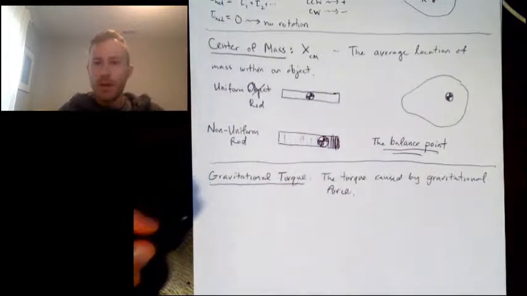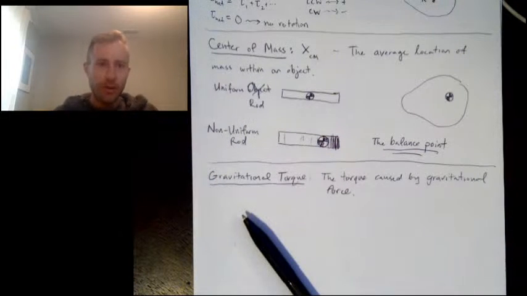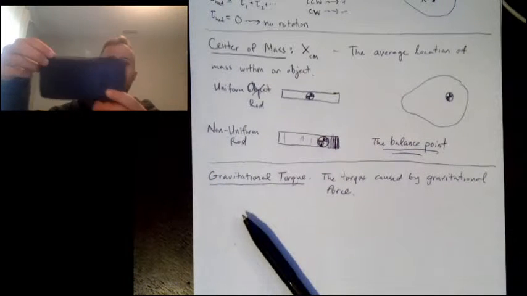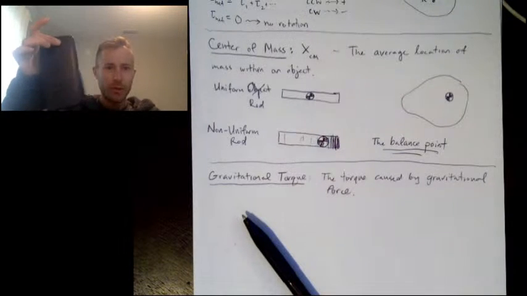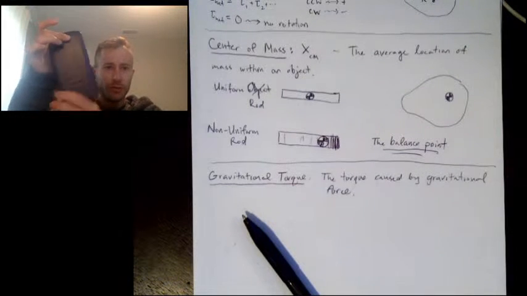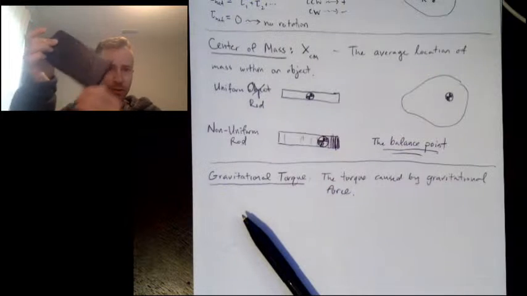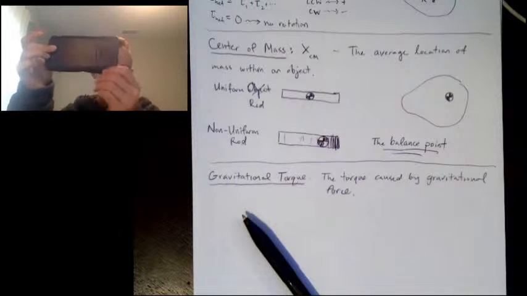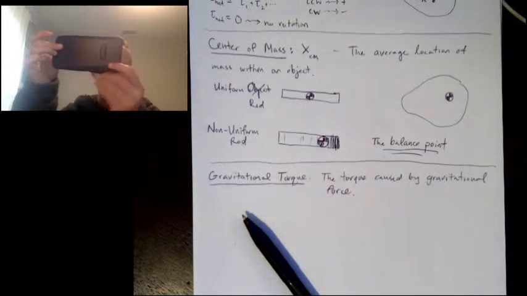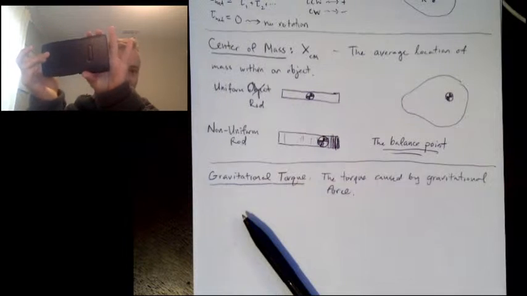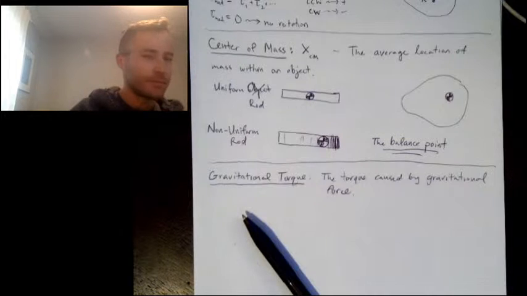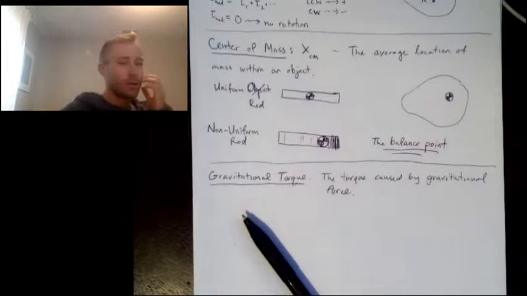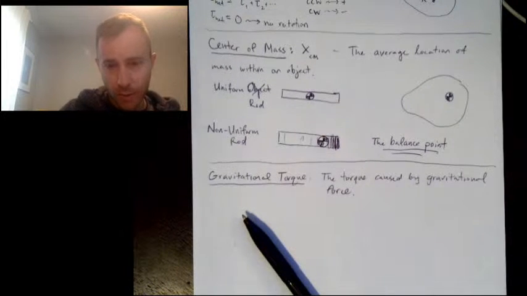For example, if I'm holding this calculator and I put the pivot point over here, see how it swings? It rotates automatically. The reason it's rotating automatically is because gravity is exerting a torque which is pulling this thing down. So that's called the gravitational torque.